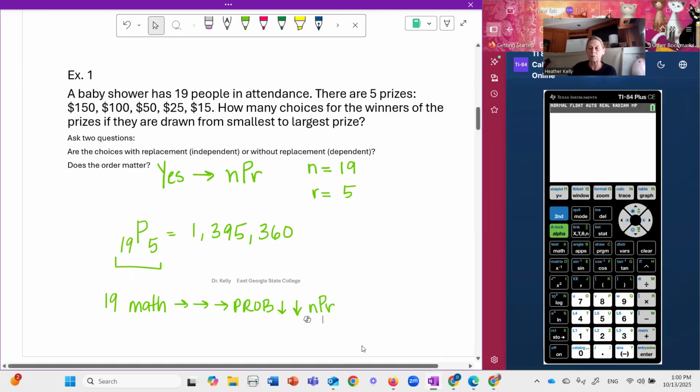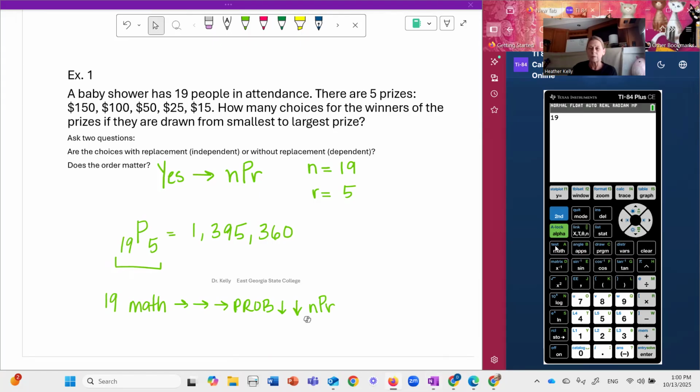And I'll show you here. We're going to go math, and we're going to put in the 19 first. Math, over to probability, down to nPr, enter, and then we're going to fill in that next number. This will be 5 and hit enter, and that's our number, okay?